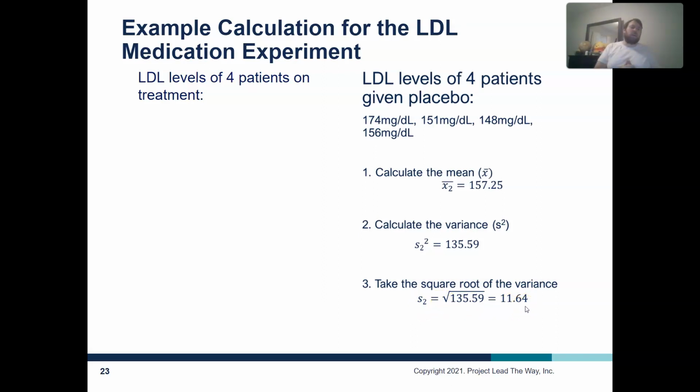A good way to think about the standard deviation is if we were to repeat this experiment over and over and over again, we should expect that the numbers that we get should be about 11.64 above the mean or 11.64 below the mean for at least 2/3 of our data set. It won't be exact, of course, but that is kind of what we should expect from our standard deviation. It should be 2/3 of the numbers within the range plus or minus 11.64.